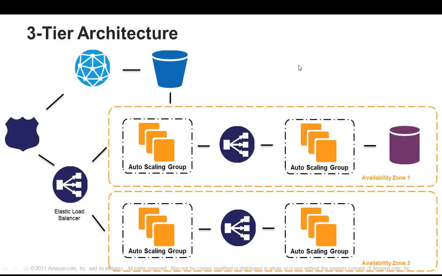So moving to a 3-tier architecture instead of the 2-tier, we're really now adding an internal elastic load balancer. You need to use Amazon Virtual Private Cloud to use our elastic load balancing service internally.